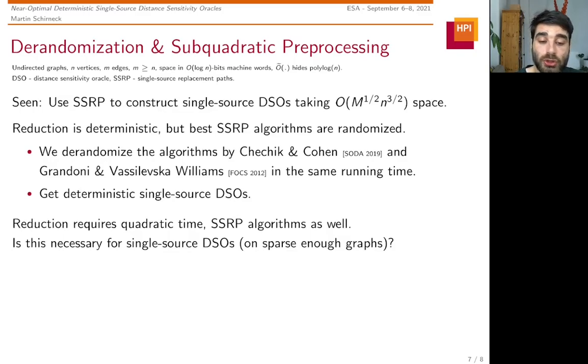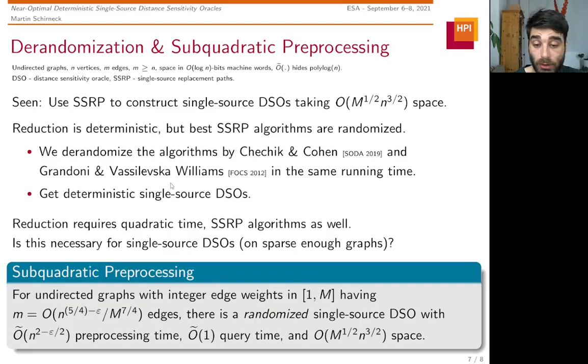And indeed, we showed that on sufficiently sparse graphs with at most this number of edges, we can give a randomized construction for a single-source DSO that breaks the quadratic barrier. So we get truly subquadratic preprocessing time and the same query time and space as before.